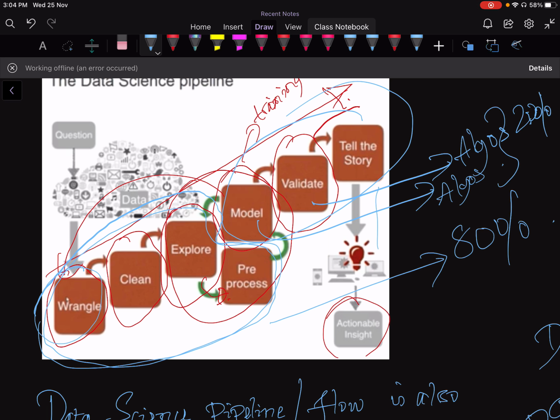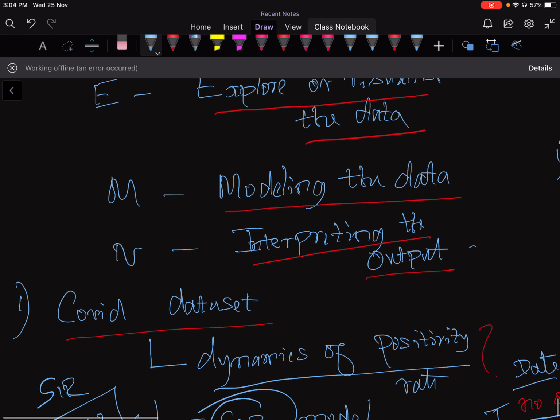So the laborious process is the collection, cleaning, exploration, and pre-processing. Okay, you need to do this step, although it is very laborious and hard work, and you need to do it correctly. Only then will this 20 percent give a good, efficient prediction. So it's a very, very important step.